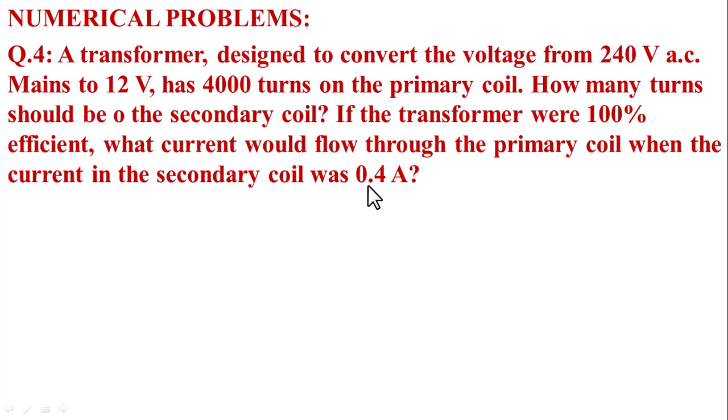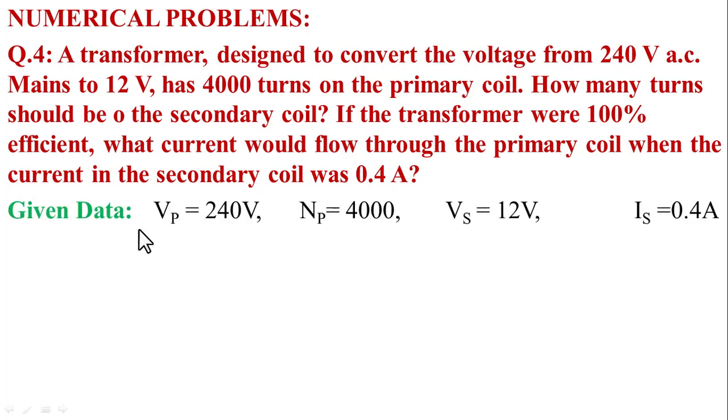First of all, according to the given statement, we write the given data. We have Vp, the voltage on primary, equal to 240 volt, and the number of turns on primary equal to 4,000 turns.